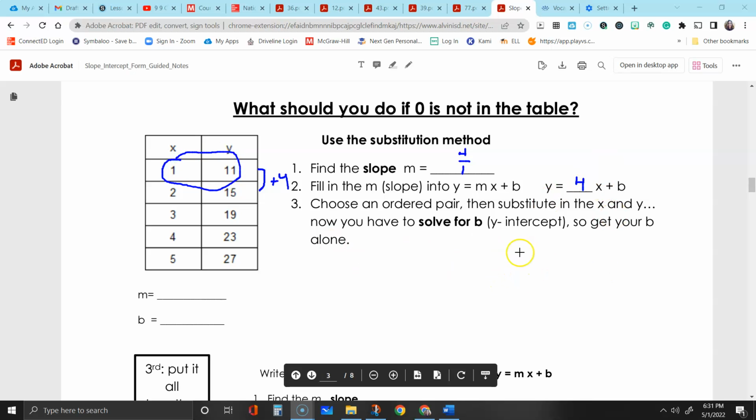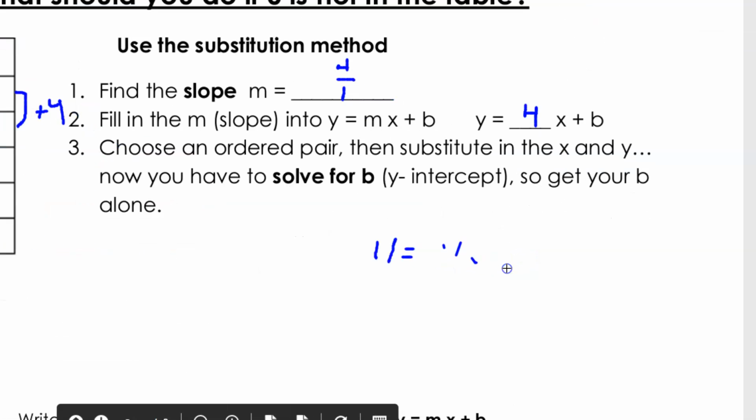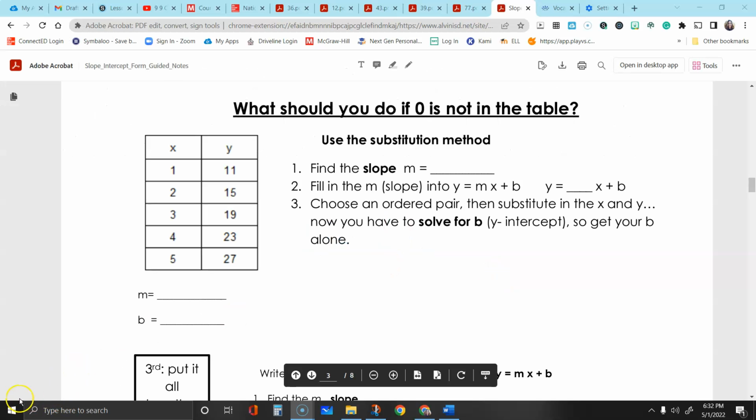So our equation would be, I'm going to put an 11 where the y is. 11 equals 4x plus b. So 4 is our slope. We're going to put it there. We're going to pick a point and plug them in to solve for b.